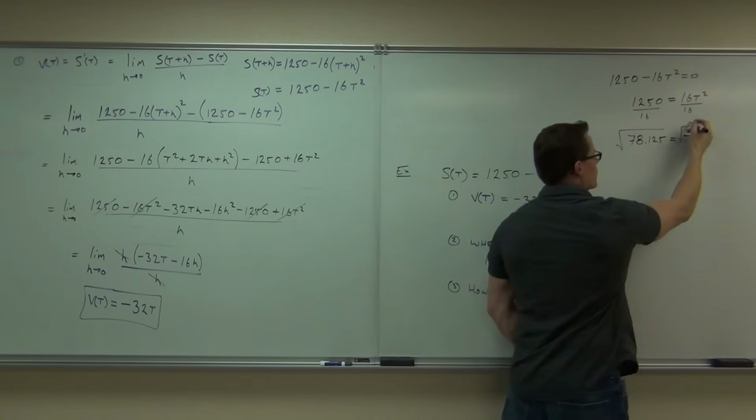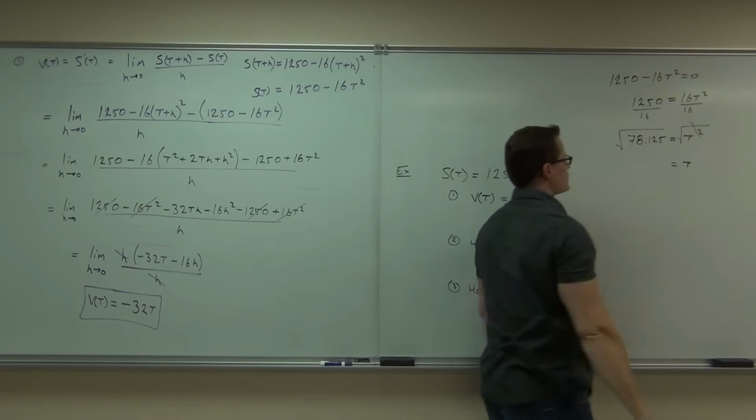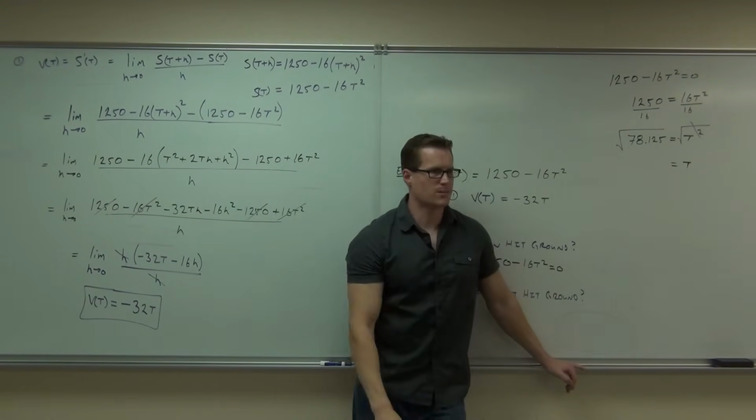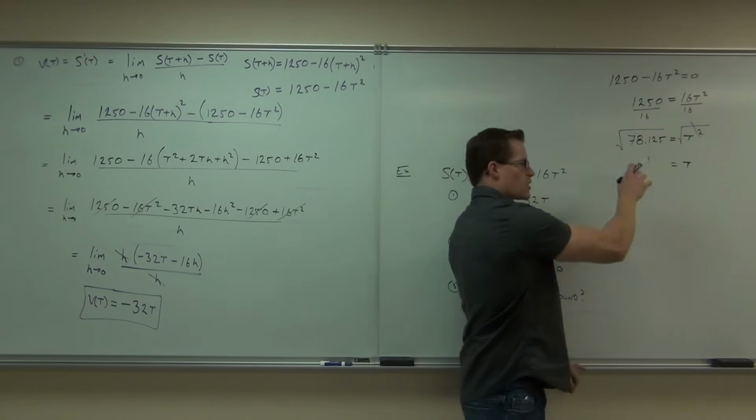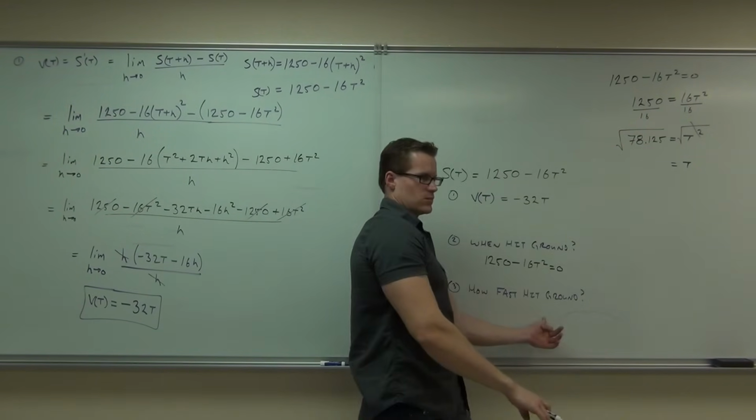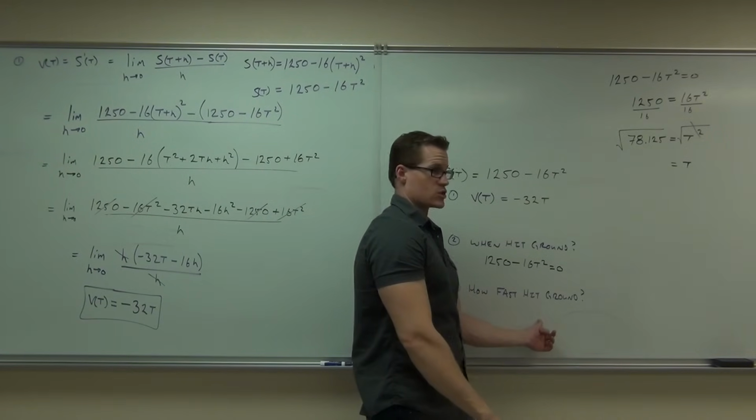Take the square root of 78.125. For me, 8.84. Well, that's rounded. So however much you want to be accurate here, you can be even more accurate, just so you know, because you're going to be plugging that number in just a bit.